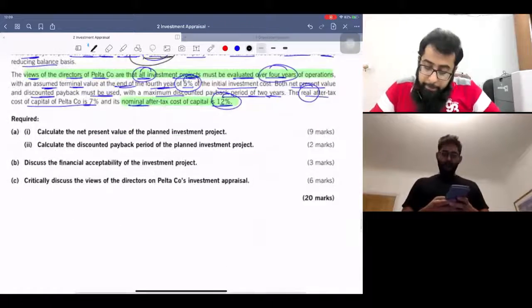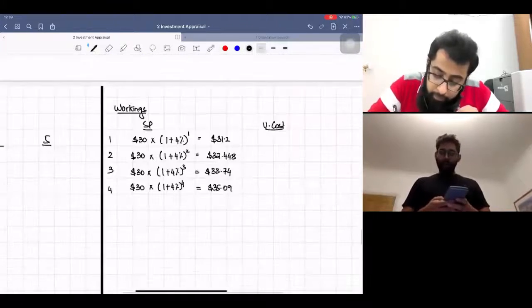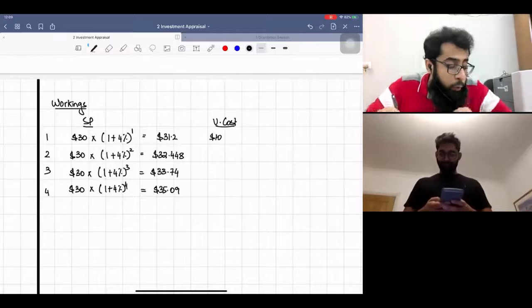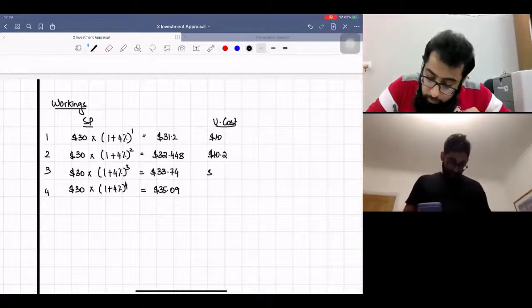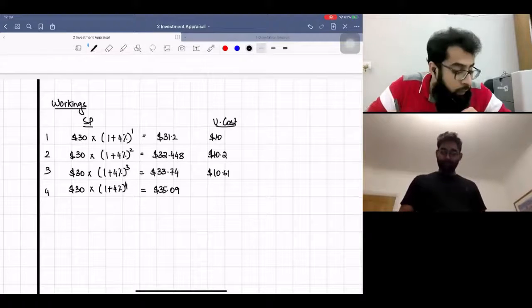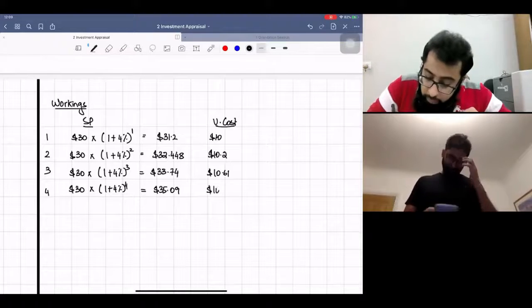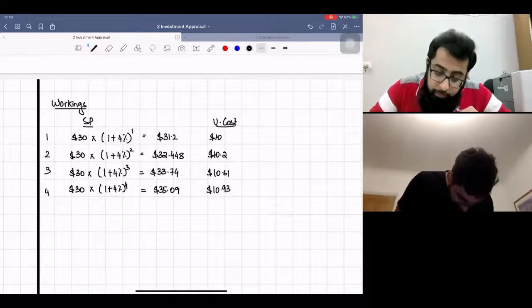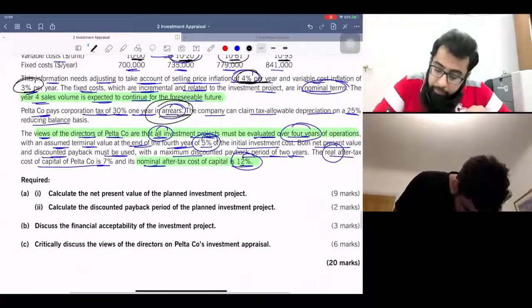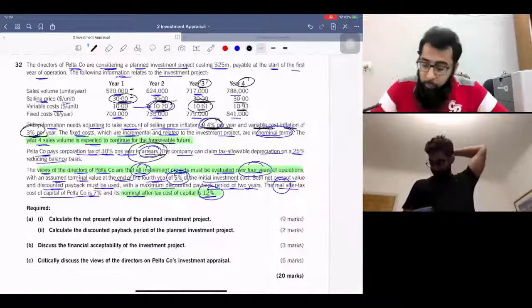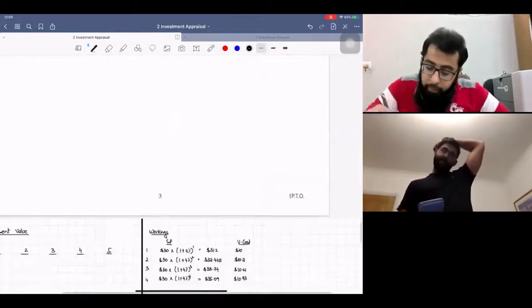The variable cost inflation rate is 3% per year.